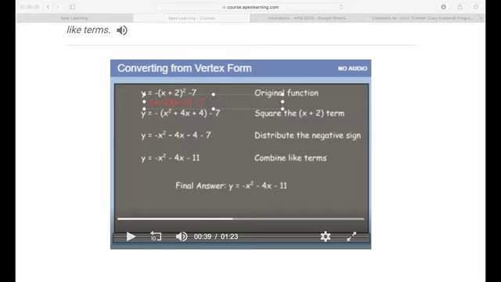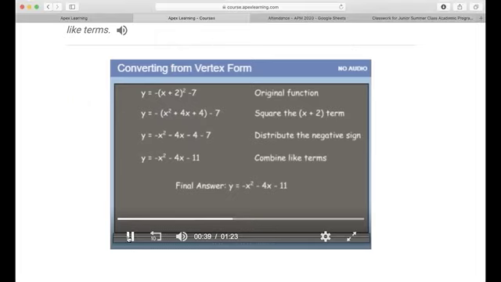And then we FOILed out the x plus 2 terms, okay? So when it says square the x plus 2 term, that's what it means. You took the x plus 2, you wrote another x plus 2, you FOILed it out, and then we combined like terms. And that's how we got to this equation here, okay?